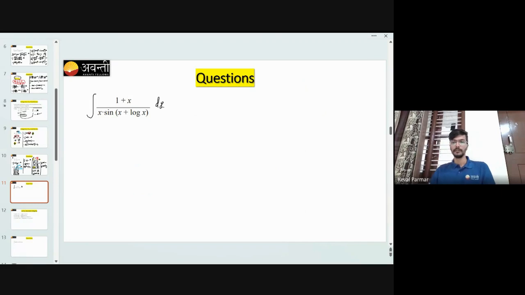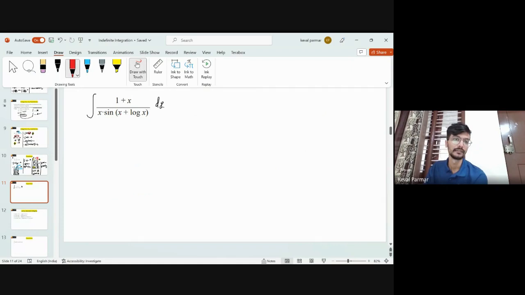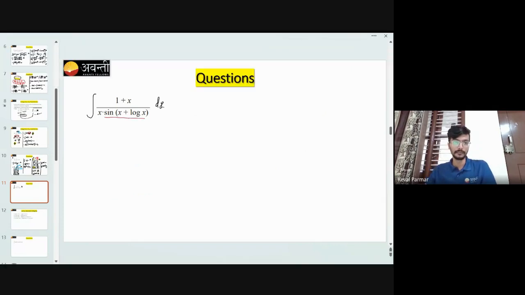Yeah. Again, you can directly very easily see here the denominator. It should have been sine x, but in place of x, we have x plus log x. Got it? That means I need to substitute x plus log x equals to t.